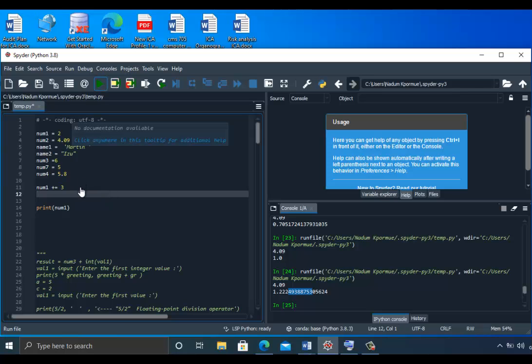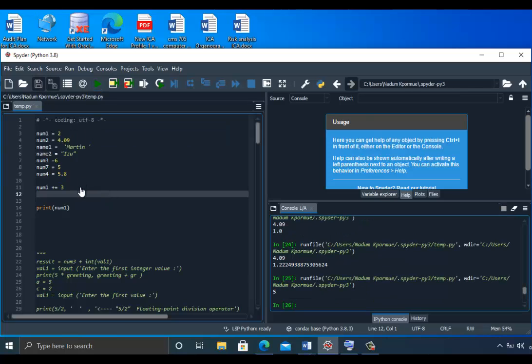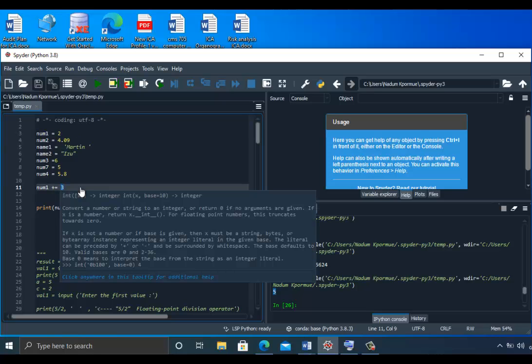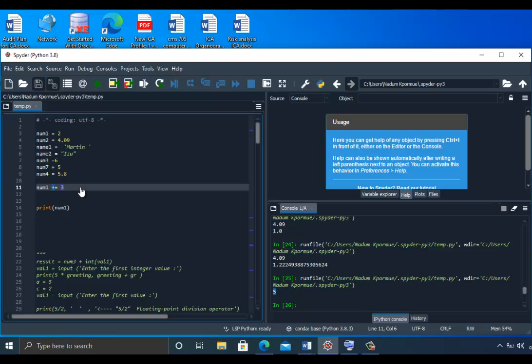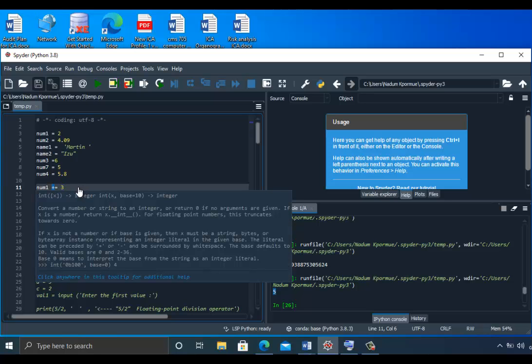So let's do this. Are we seeing the result? 5. Now num1 was holding a value, what? 2, an integer 2. Now we are saying the integer 3 should first of all be added to the content of num1.